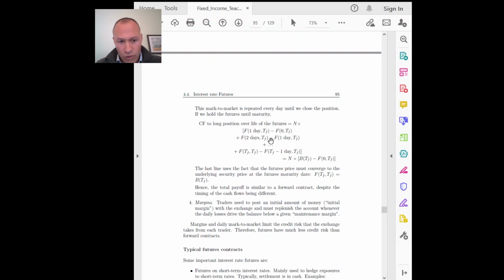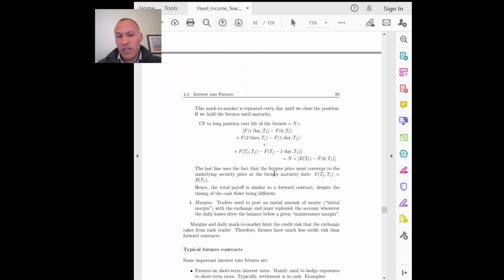This F2 would cancel with the next F2, and so on until the last day. So I would only be left with the initial futures price at time zero and the final futures price, which has to converge to the bond price at the maturity date of the futures. So if I hold until maturity, this final payoff, which is the sum of all these intermediate payoffs, looks exactly like the payoff in a forward contract.